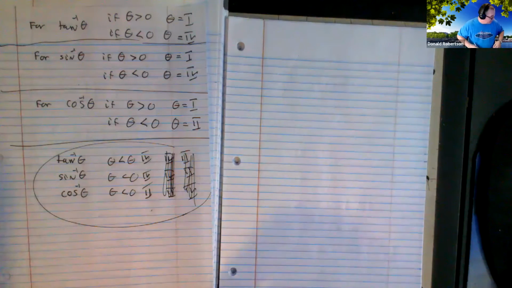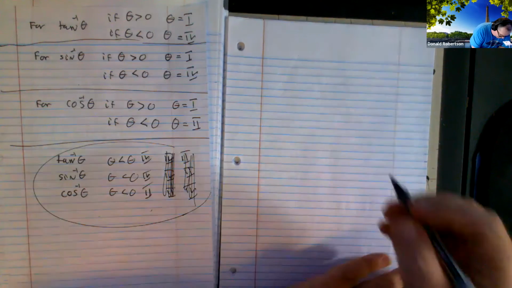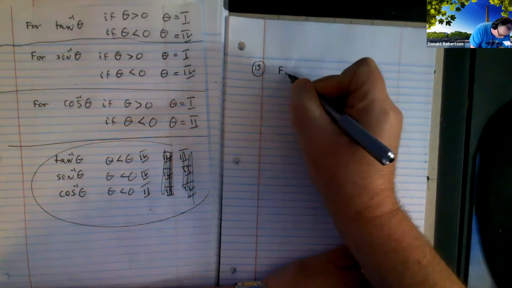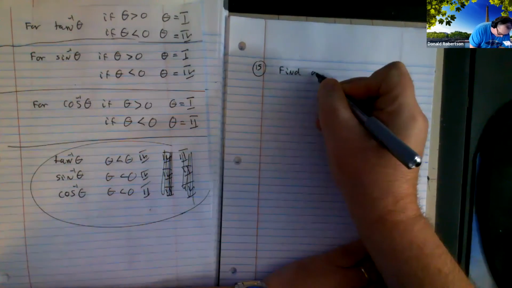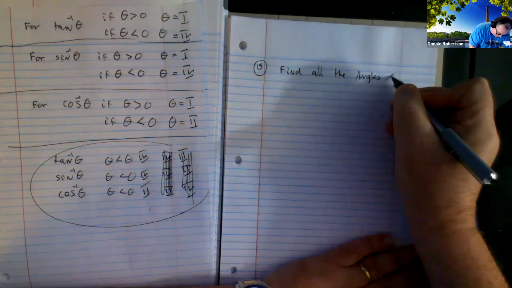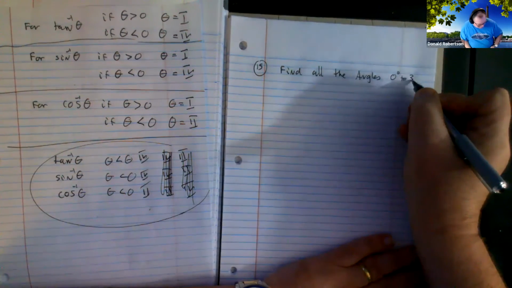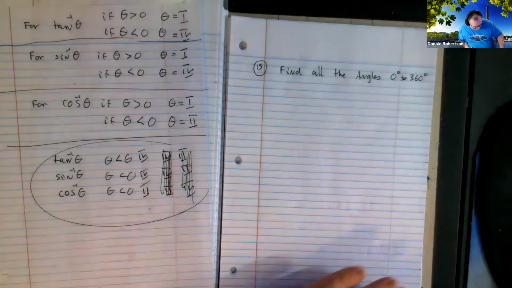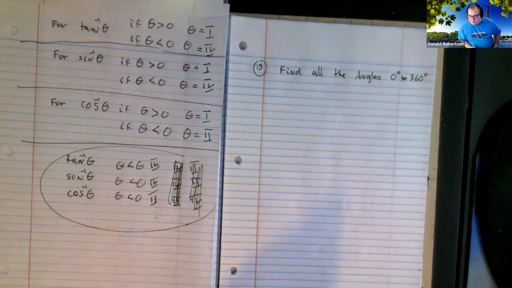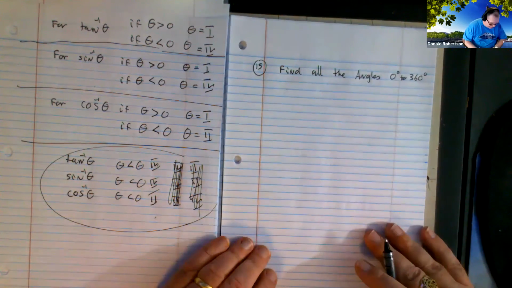And they are going to change the story on us, because in question 15, they are asking you to find all the angles from 0 to 360. So we're not just going to find the one angle that the inverse tan gets you. We're going to find the other one as well. And that gets quite complicated for some questions. So here goes.